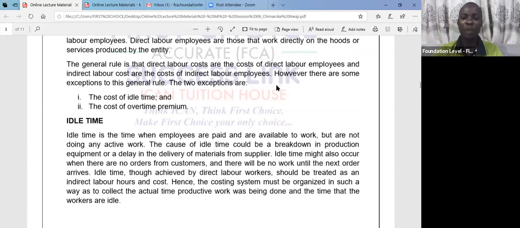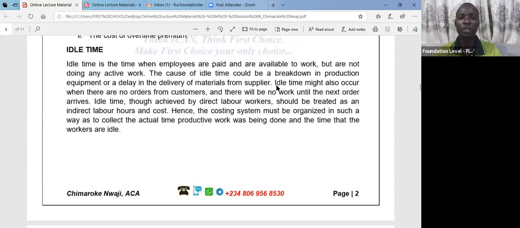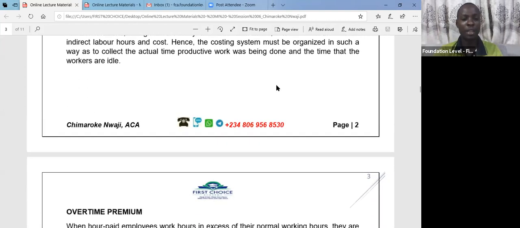I think that is why we have supervisors that will record when the production workers are idle and when they are really doing the job, so that they can be classified as direct costs and indirect costs. That is, idle time should be indirect.